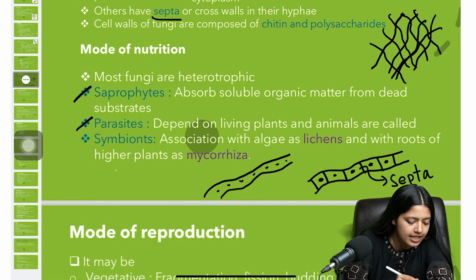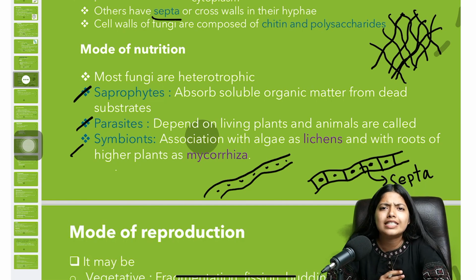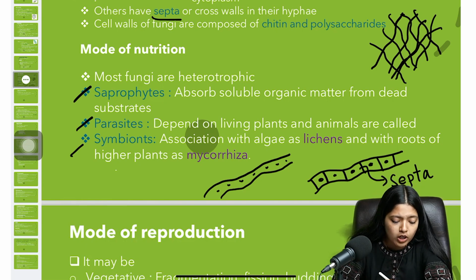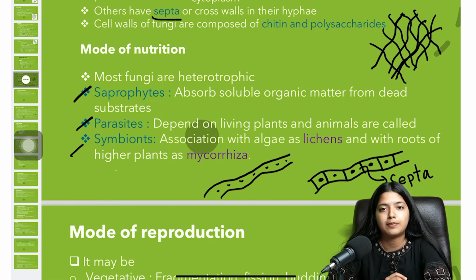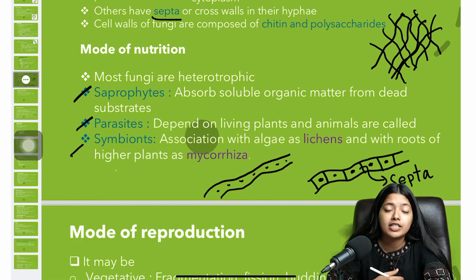First, saprophytic. Saprophytic means an organism depends on dead and decayed matter for food. It absorbs soluble organic matter from the dead substrate.